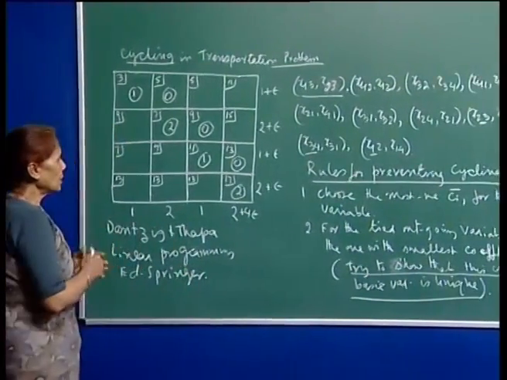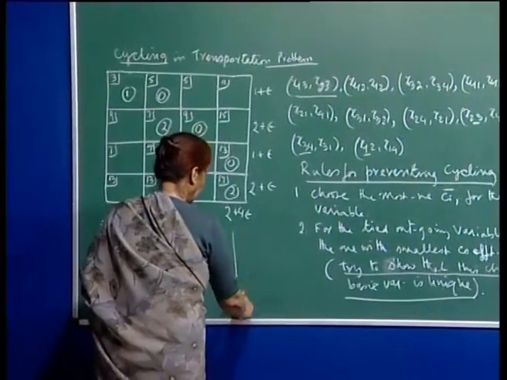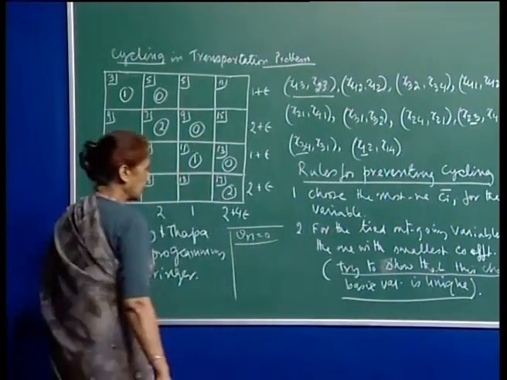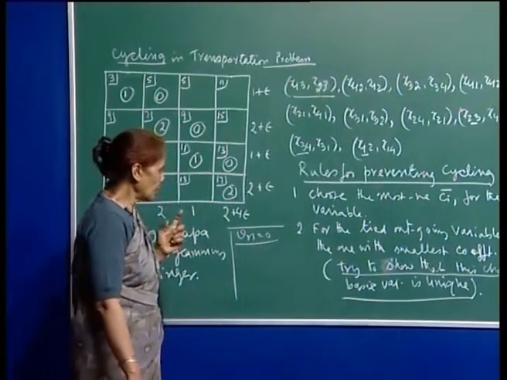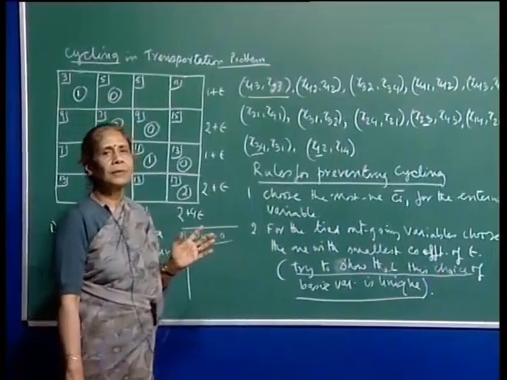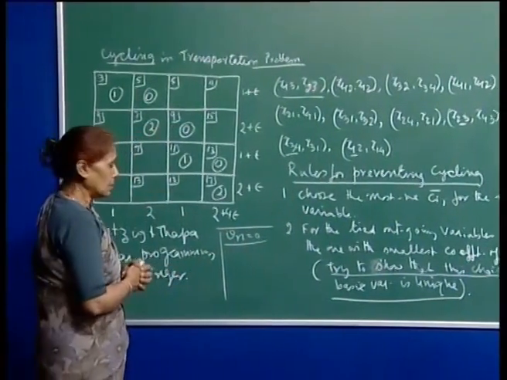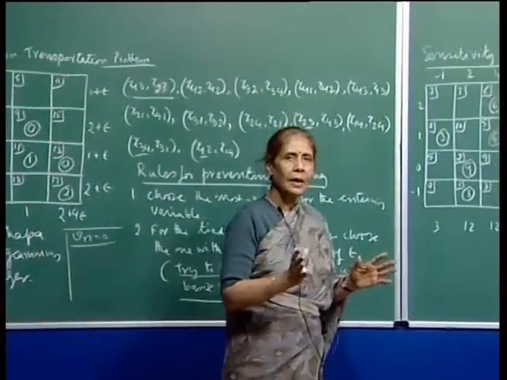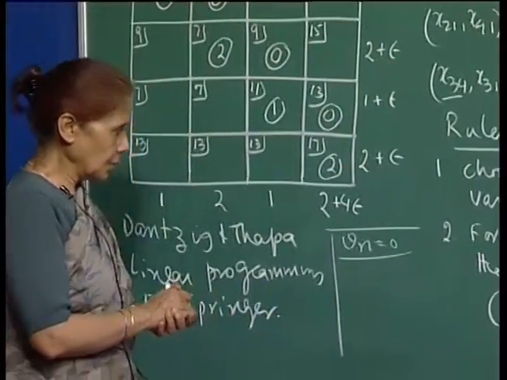Another note: we have been saying to always choose vn equal to 0. This is not necessary, because since you are always working with a basic feasible solution, all the constraints are satisfied as equality. Any dual variable can be chosen as 0; you need to fix one of them, and then the remaining m plus n minus 1 dual variables get fixed uniquely.